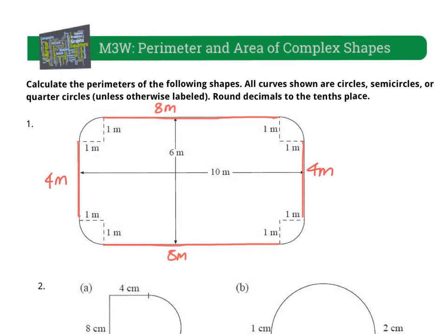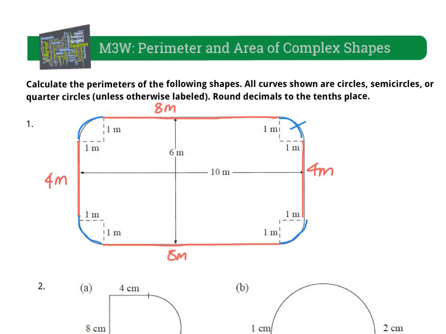Now what I need to do is find those little rounded corners. So this section here, and this section, and this section, and this section. I have 4 of those little corners. The instructions told me that all of the curved parts are either circles, semicircles, or quarter circles. So I can assume that if I take all 4 of those parts and put them together, I would have a complete circle.